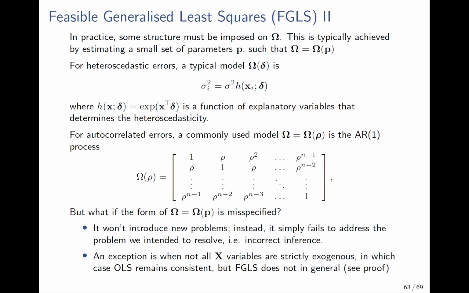Generally, it won't introduce new problems. It simply fails to address the problem we intended to resolve, so our inference remains incorrect. There is one exception to that. When not all x variables are strictly exogenous, the OLS remains consistent, but FGLS in general does not. And I've included a proof of that for those that are interested on the next slide.